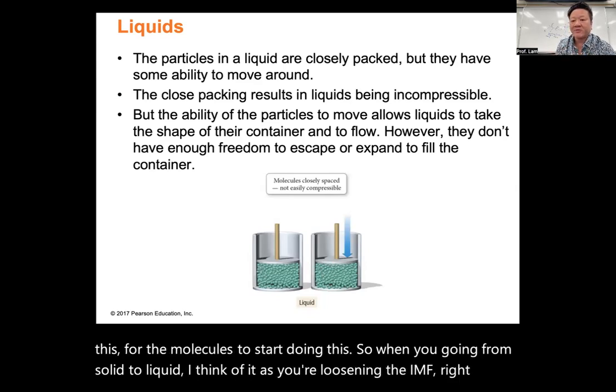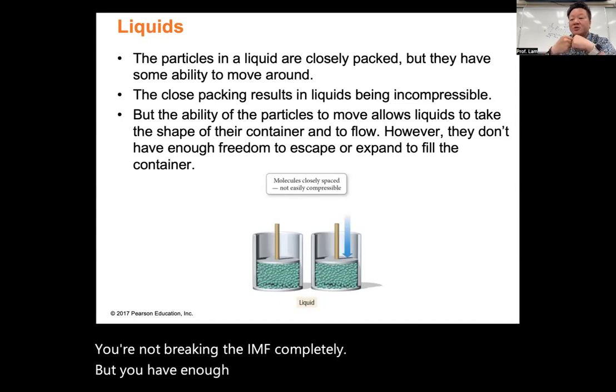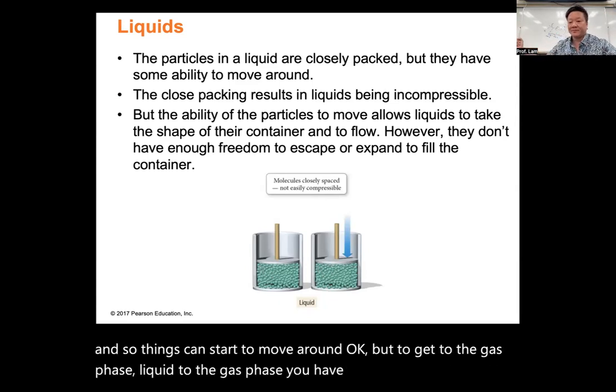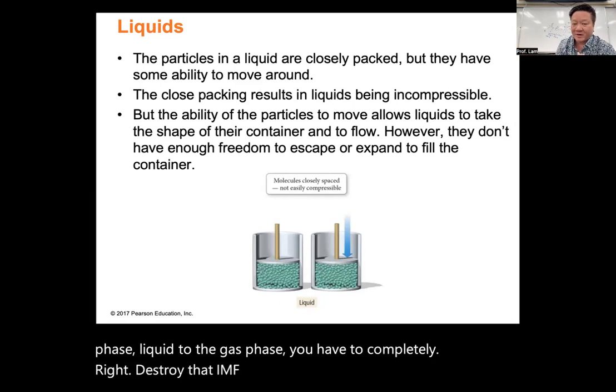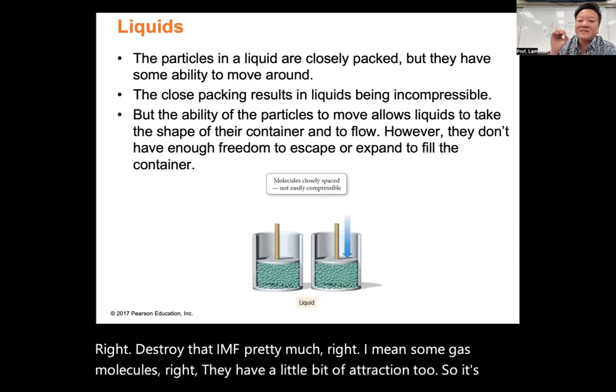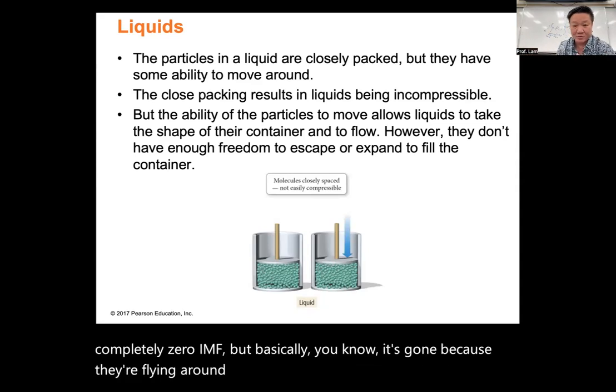You're not breaking the IMF completely, but you have enough energy to loosen the glue a little bit, and so things can start to move around, okay? But to get from liquid to the gas phase, you have to completely destroy the IMF. Pretty much, right? I mean, some gas molecules have a little bit of attraction too, so it's not completely zero IMF, but basically it's gone because they're flying around. They're not even close to each other, all right?